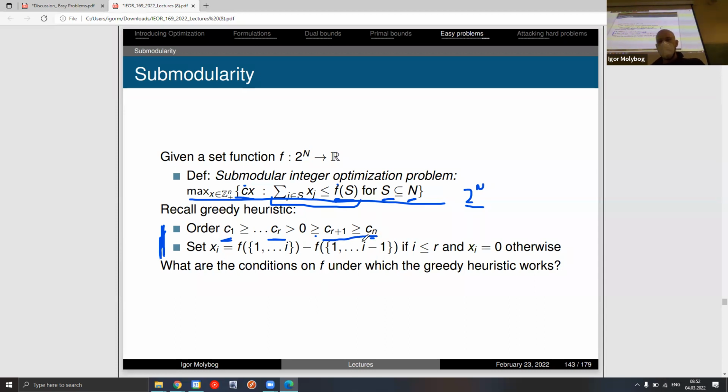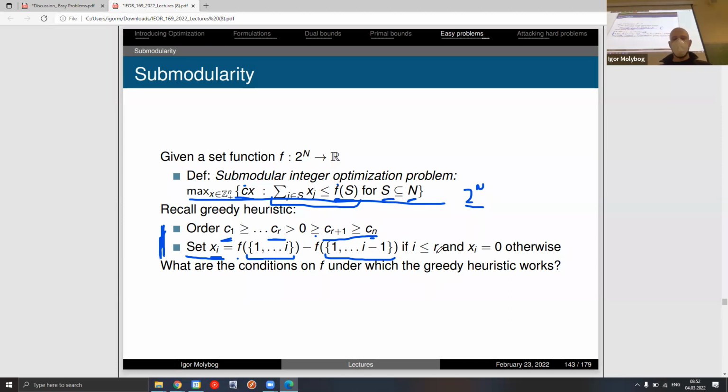So we would like to fix that r to understand where that lies. Then we set xi for any i to be equal to f of the subset from 1 to i minus f of the subset from 1 to i minus 1, if i is less than or equal to r, and xi is equal to 0 if the corresponding coefficient c is less than 0.